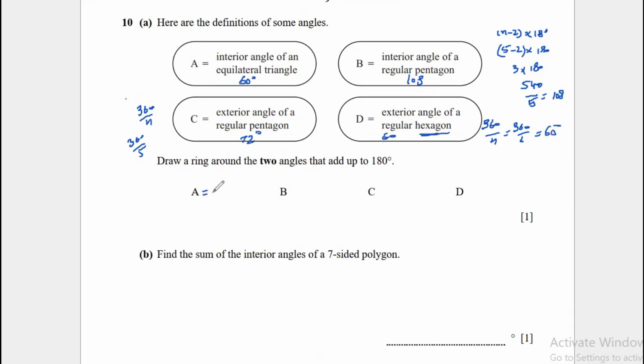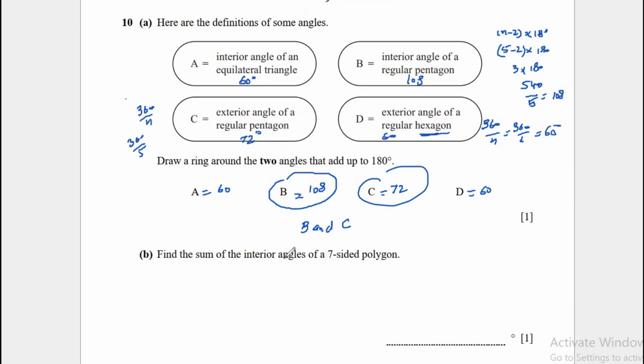So it means A is 60, B equals 108, C equals 72, and D equals 60. So draw a ring around two angles that add up to 180. If you add B and C, that gives you 180. So your answer is B and C.